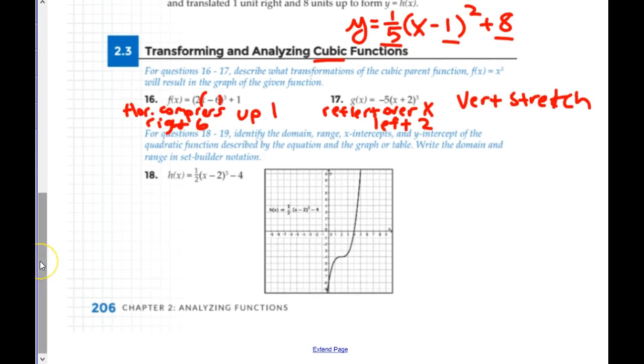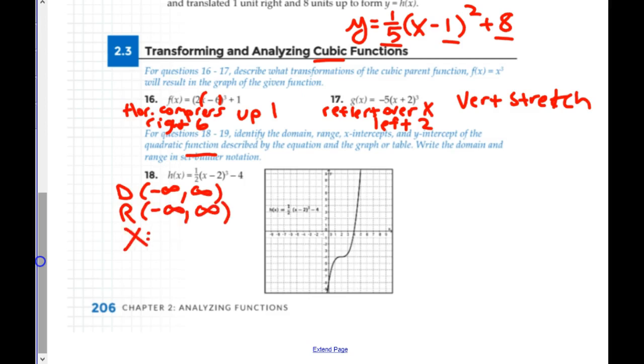Alright. Identify the domain, range, x-intercept, y-intercept of the cubic function. Let's write the domain and range in set builder notation. We're not doing set builder, but domain and range, x, y, and then domain and range. So remember, domain and range for cubic is always negative to positive infinity.